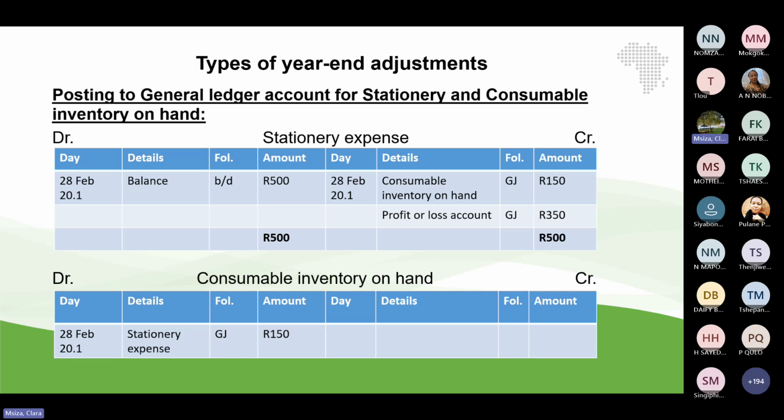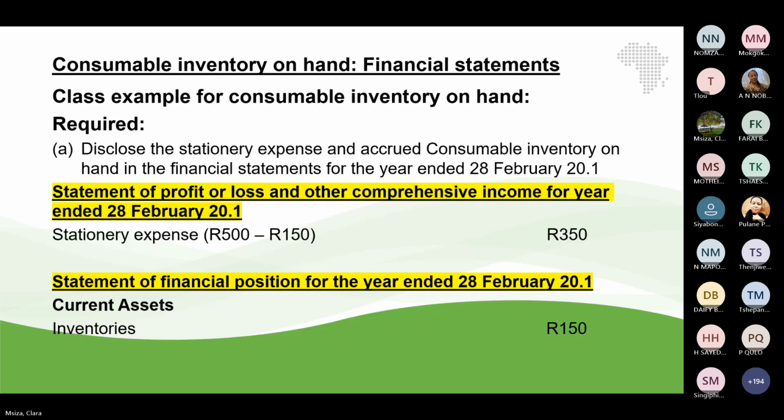The consumable inventory on hand becomes what? We said it is an asset. And if it's an asset, it will be your current asset because we're expecting to consume this within 12 months. The amount that we're going to put here is the amount of the goods that we haven't consumed, meaning they are on hand. This is how your financial statement will look.